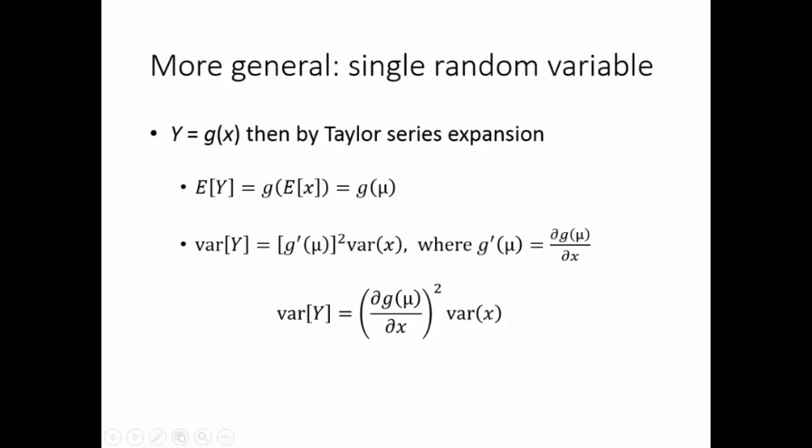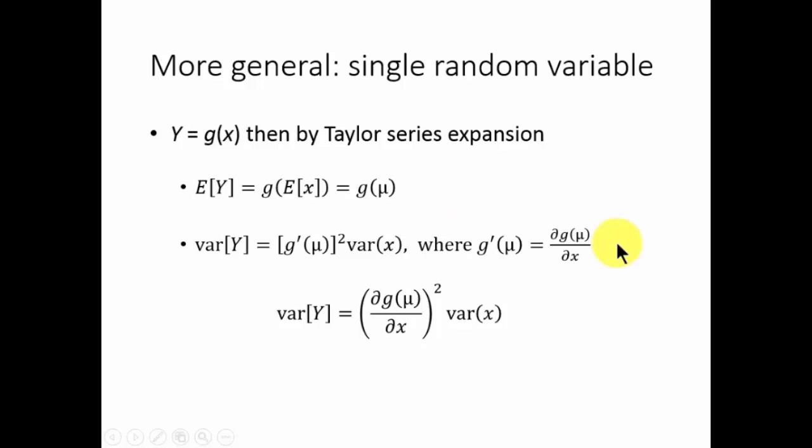Now let's turn to a more general theory for the transformation of a single random variable. For y as a function g of x, we can use the Taylor series expansion to estimate the variance of y. Let's define the notation going forward. The expected value of y equals a function for the expected value of the random variable x, and we will call this function g of mu.